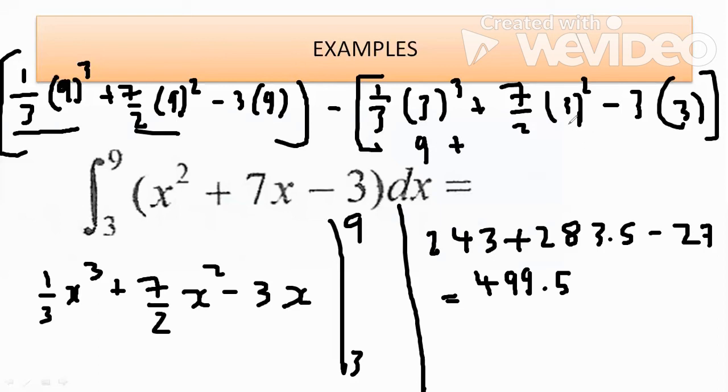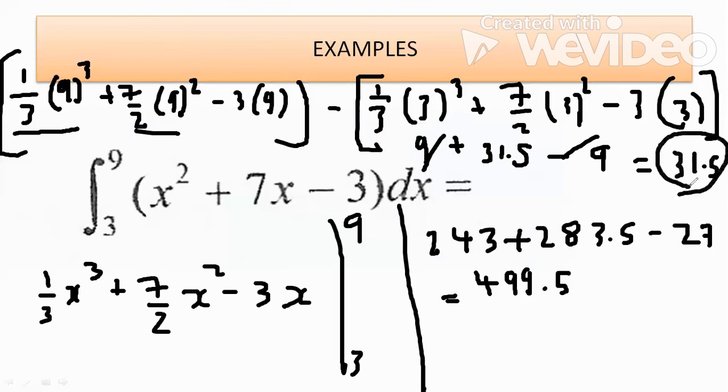3 squared is 9. 3.5 times 9 is 31.5. 3 3 is just 9. All right, now 9 subtract 9 gives us what? 31.5.